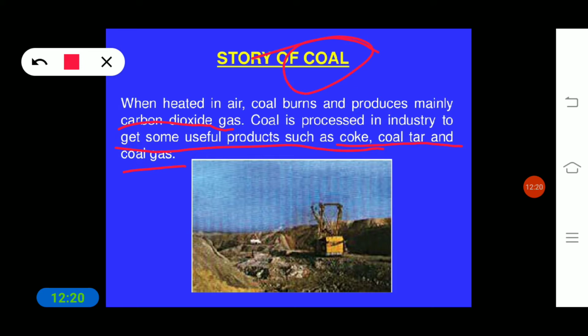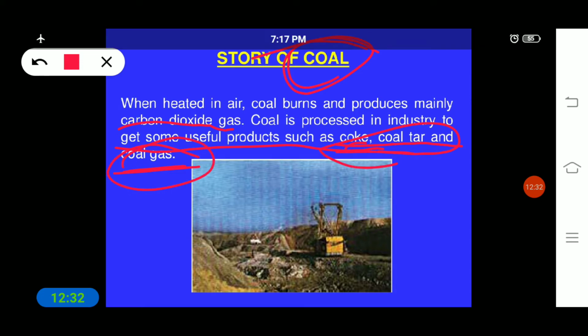What are the products obtained from coal? Coke, coal tar, and coal gas. So these are the products of coal. When we heat coal in the presence of air, that is the burning process.